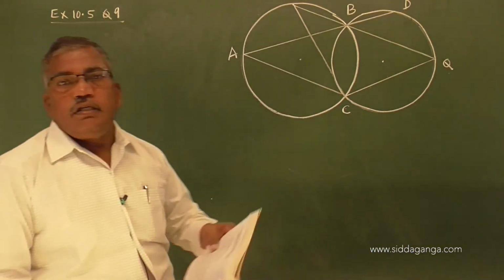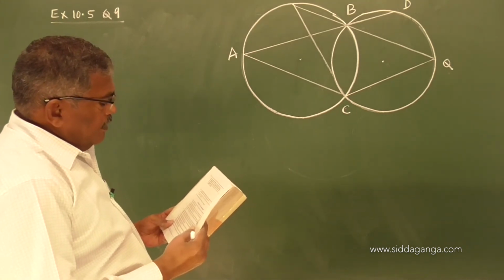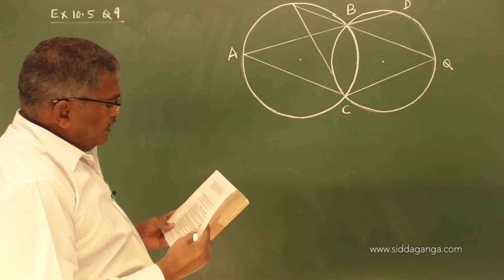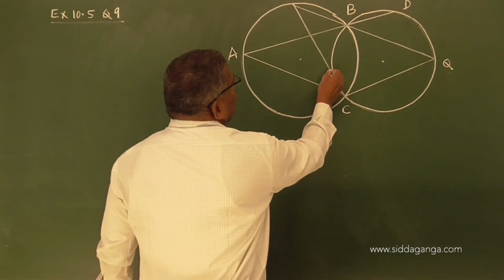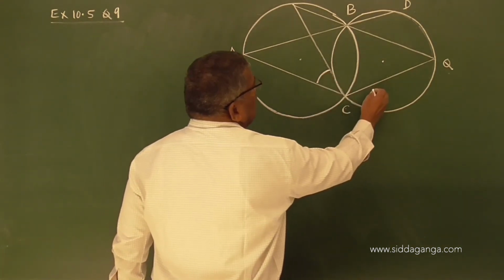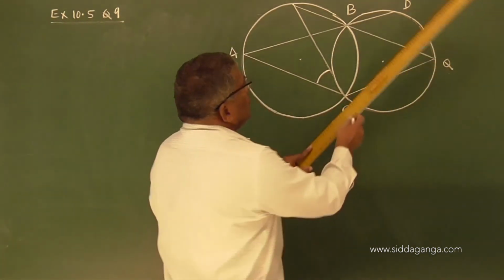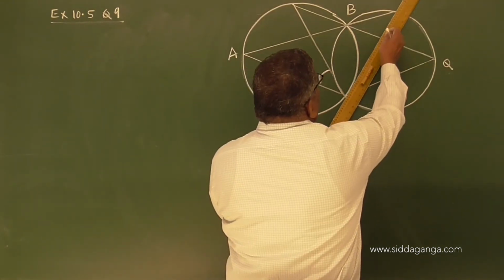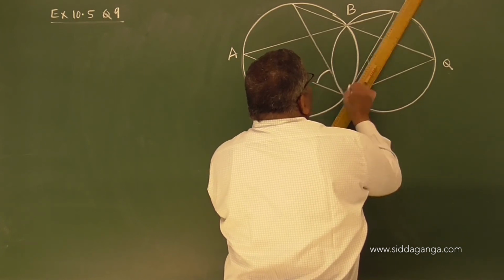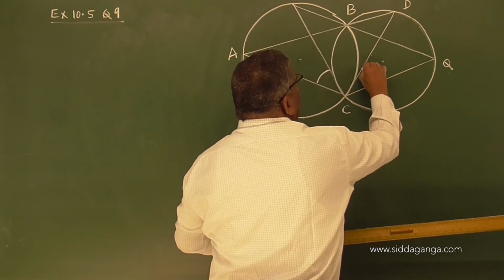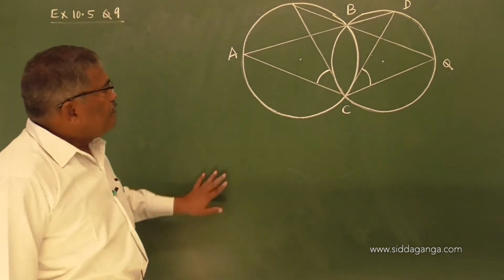The diagram is given in the textbook. Now the question is, prove that ACP is equal to QCD. So we have to prove that this angle, CQD, D we have to join, because we have to find this. So we have to prove that these two angles are equal. This is the question.